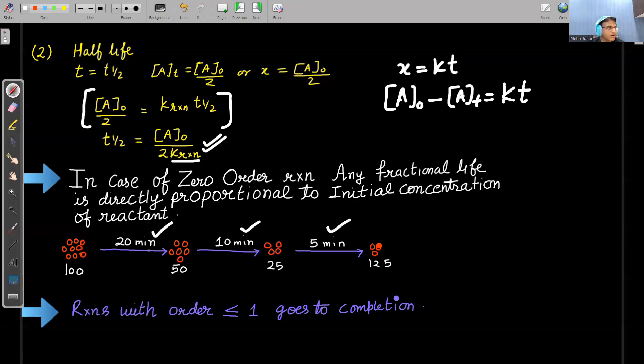In case of zero order reaction, half life is not fixed, it is going to decrease with time, right?